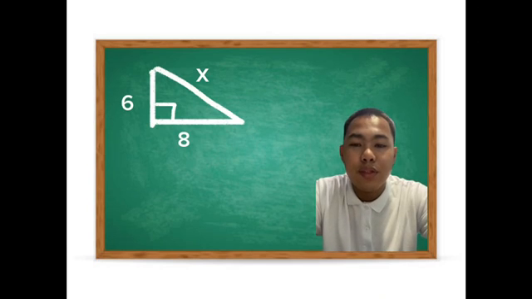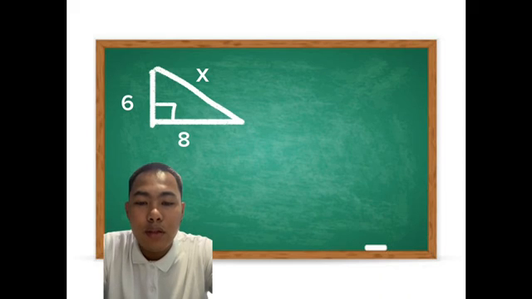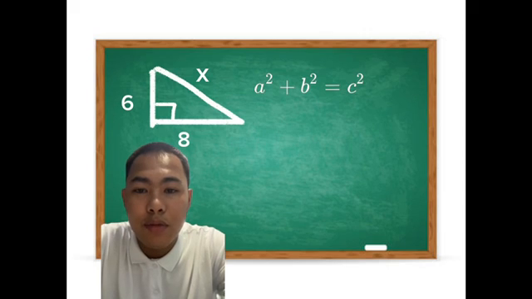To find the value of x in this example, notice that we have a right triangle, so we can use the Pythagorean theorem. The Pythagorean theorem states that the sum of the squares of the lengths of the legs of the right triangle is equal to the square of the length of the hypotenuse, or a squared plus b squared equals c squared, where a and b are the lengths of the legs of the right triangle, and c is the length of the hypotenuse.